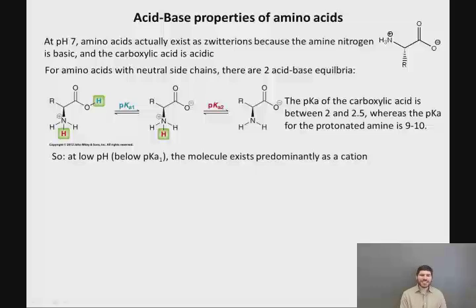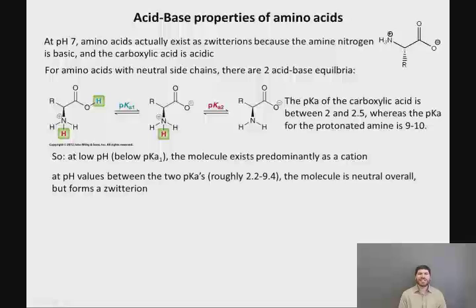What that means is that at low pH, when the pH is below the first pKa, the molecule exists primarily as a cation, which is what's shown on the left. At pH values between the two pKa's, roughly between 2.2 and 9.4, the molecule is neutral overall, but as I said already, it forms a Zwitter ion.